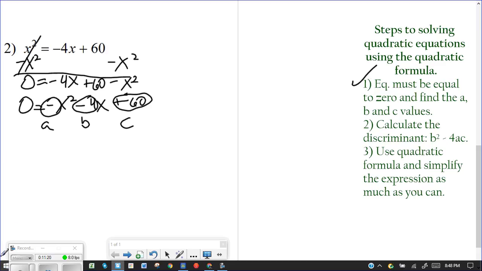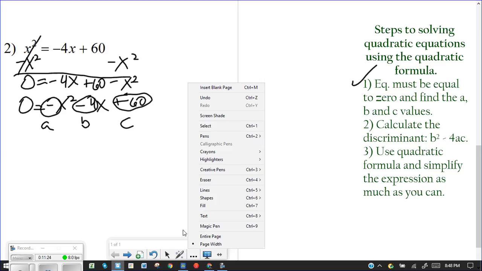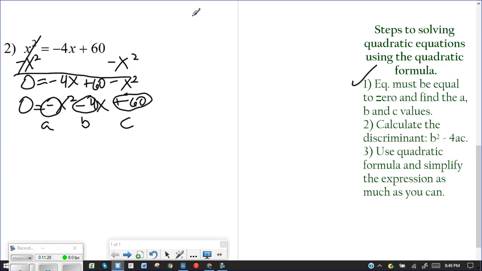Now, step number two is calculate the discriminant. So what I'm going to do is right here, I'm going to write the word discriminant, and I'm going to evaluate it.